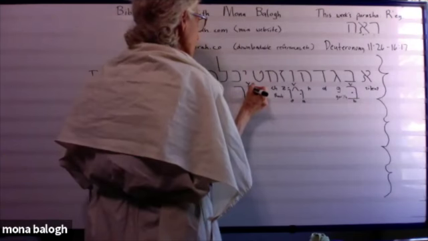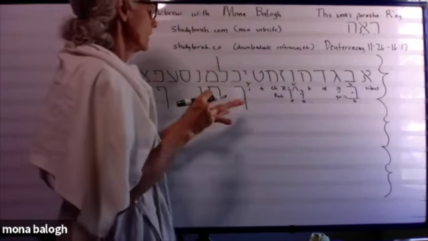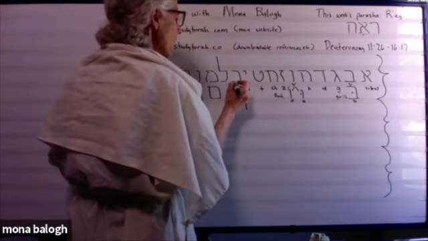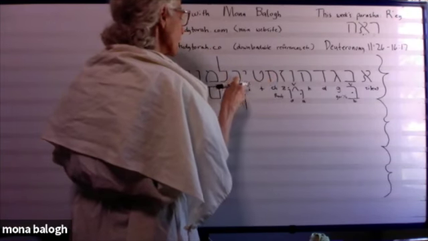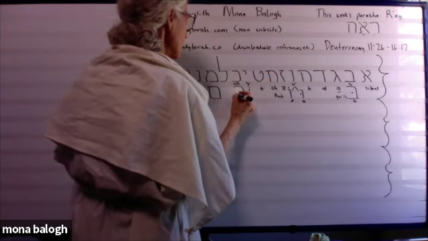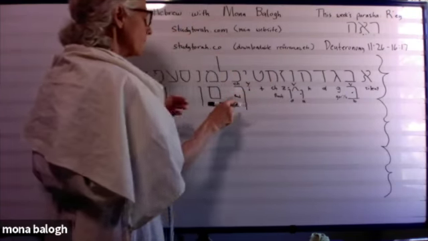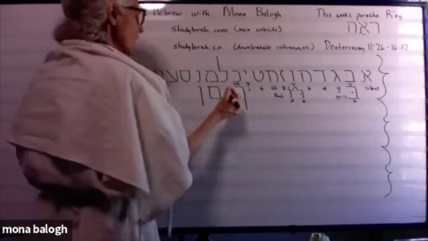This depends on how it's pronounced in the common language. Okay, so it can be a Y, it can also be an I. Chaf is CH as well. Sounds just like a chet, chaf, as in Bach. And then the Sofit form, the end form, is also the same sound. It's just the end form or shape.